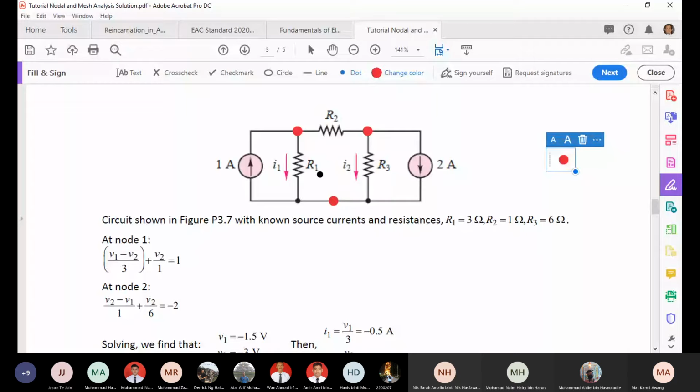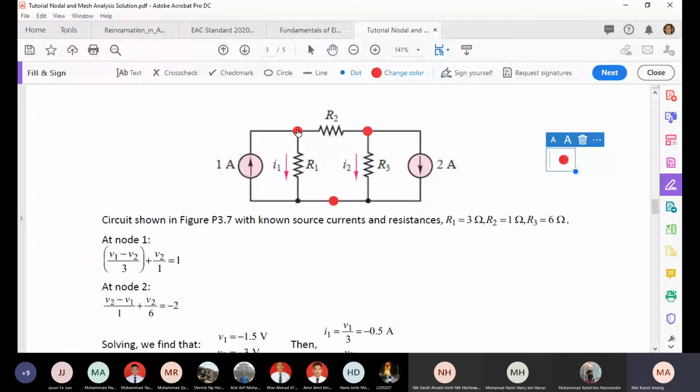Actually this is the answer given in the solution. So okay, we use our own solution.